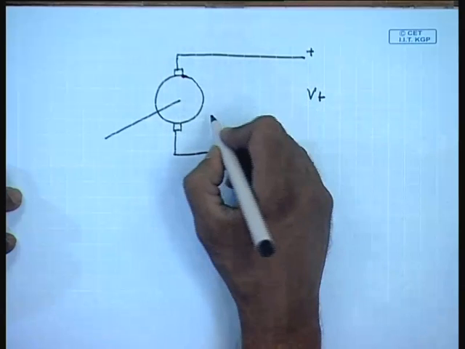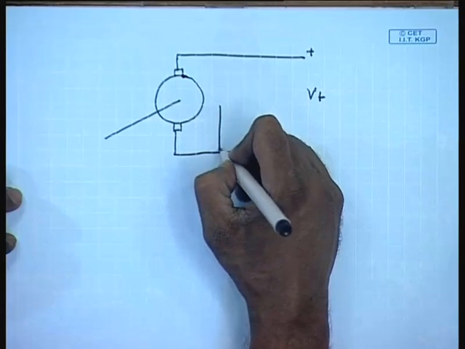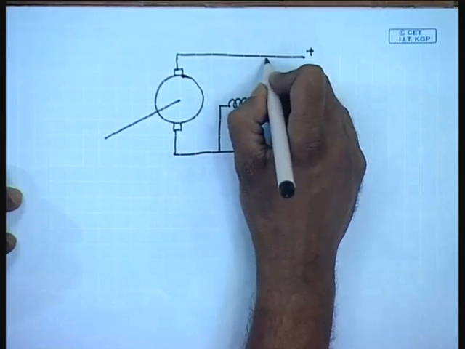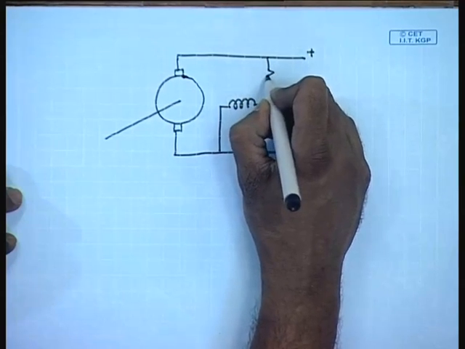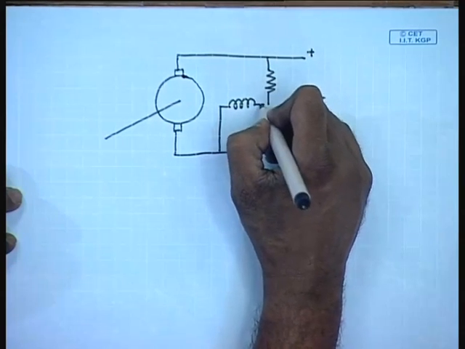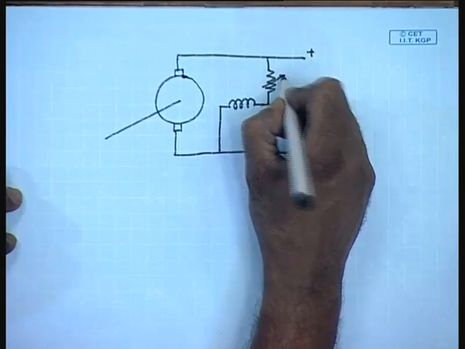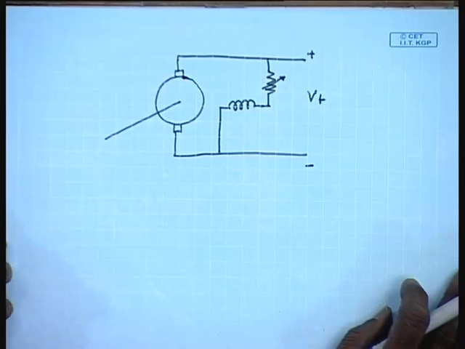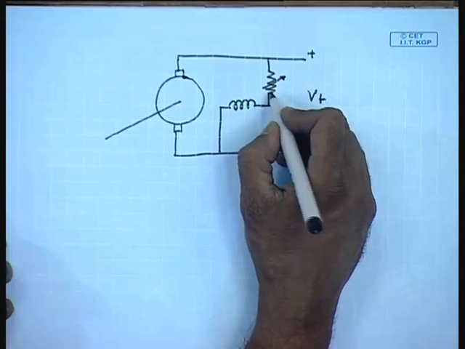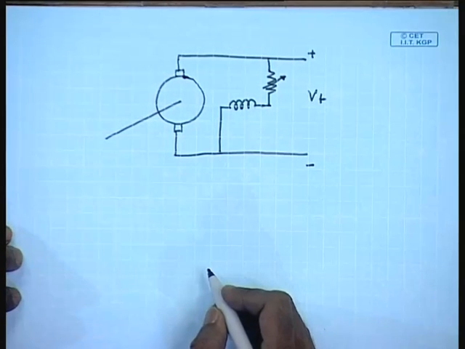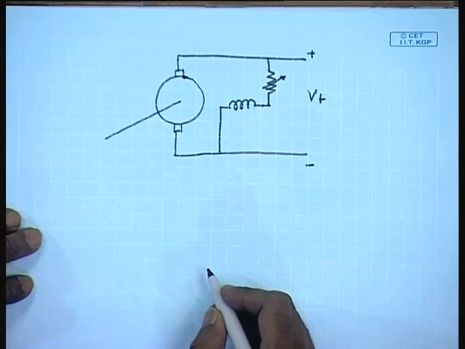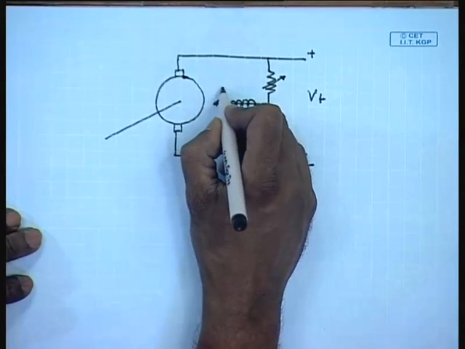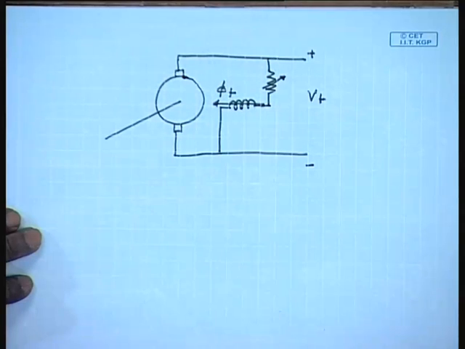The field winding is connected across the same supply, hence you can call it a shunt motor or a separately excited motor, because they are connected at the same supply voltage. Normally, an additional resistance Rf will be connected in the field in order to control the field current. This will produce a flux of phi f.